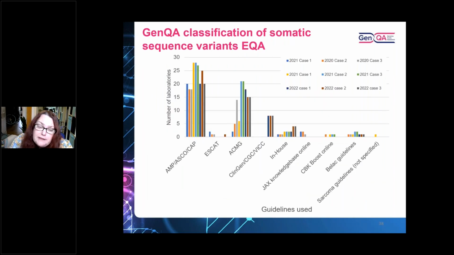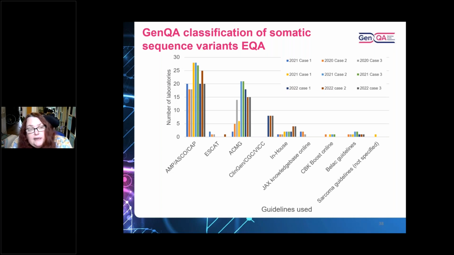And this very much reflects what we've seen in our somatic sequence variant EQA. We've been doing this for actually, I think, 4 years now. We don't have results yet for 2023, and this is 2023. But what we've seen is a large percentage of laboratories are using the AMP-ASCO-CAP guidelines.